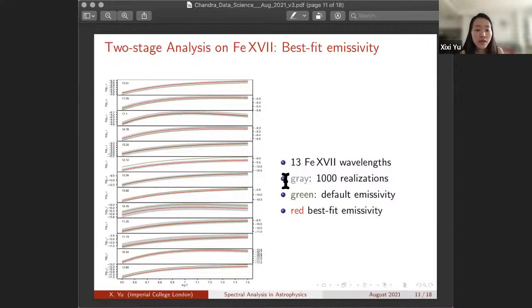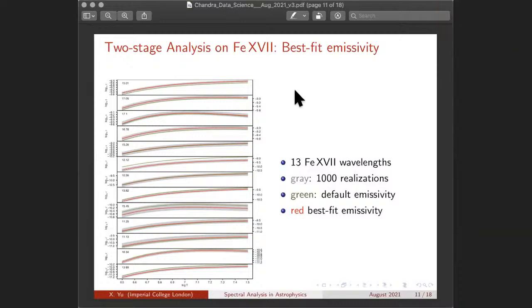They are the gray curves, and we also plot the default emissivities for each of the lines in green curve, and also we have the best fit emissivities in red curve, which is calculated from the best fit plasma parameters under the fully Bayesian model.